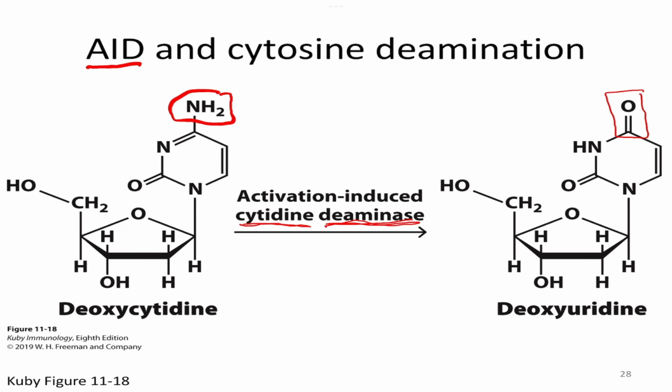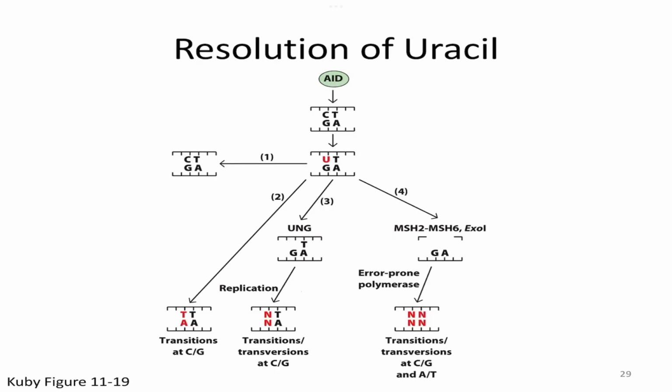That's weird. If you go online and look at some memes, you will find a meme about Chemistry Cat who says, if I had to be a nucleotide, I would be RNA because it has U in it. And because RNA is the only one that's supposed to have U, and we just put a U in DNA. Bad. And so what you can see is that AID is going to act on a C in the DNA, and it's going to result in a uracil being there in the DNA.